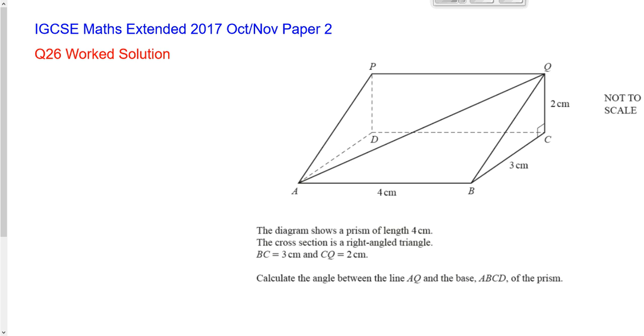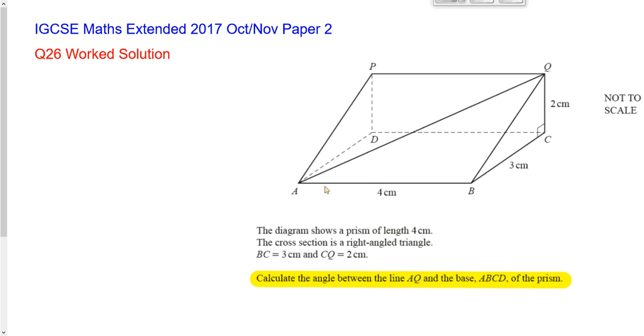All right, let's have a look at the question here. So we've got some kind of prism here, and we've been asked to calculate the angle between the line AQ and the base ABCD of the prism.